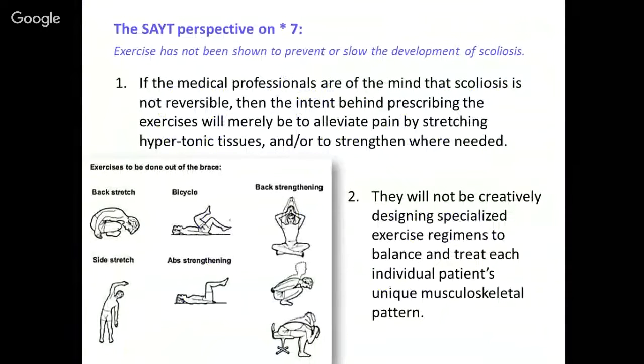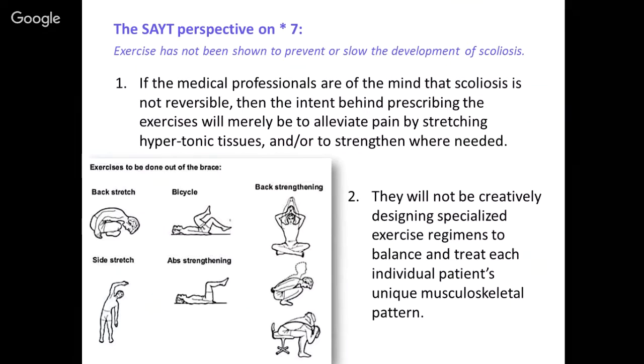Point number 7, exercise has not been shown to prevent or slow the development of scoliosis. If the medical professionals are of the same mind that scoliosis is not reversible, then the intent behind prescribing the exercises is merely to alleviate pain by stretching hypertonic tissues and or to strengthen where needed.